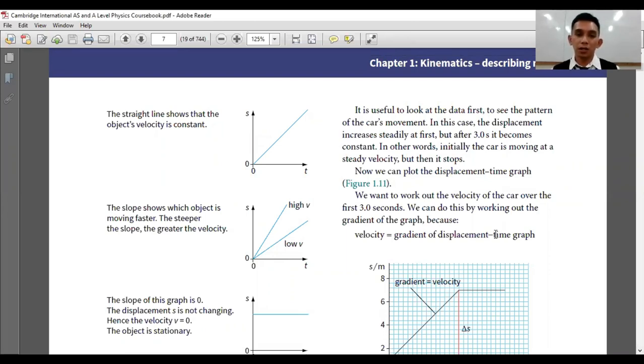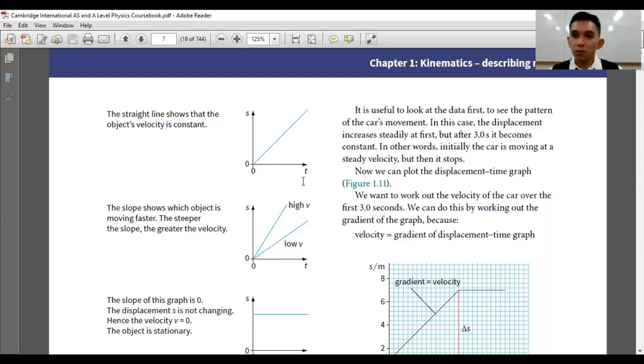Before you look at this displacement-time graph, you need to bear in mind that with graphs in kinematics, and also many kinds of graphs, you need to see first what is on the x-axis and what is on the y-axis. Here, the y-axis is for the displacement and the x-axis is for the time taken by the object that is moving.